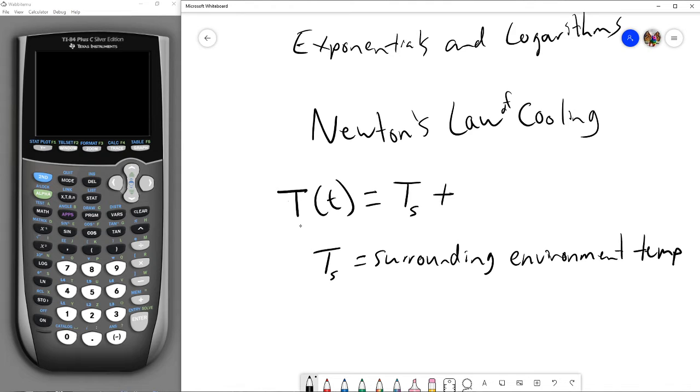Alright, and then we're going to add to this a T naught, where you could probably imagine by now that T naught is again the initial temperature.